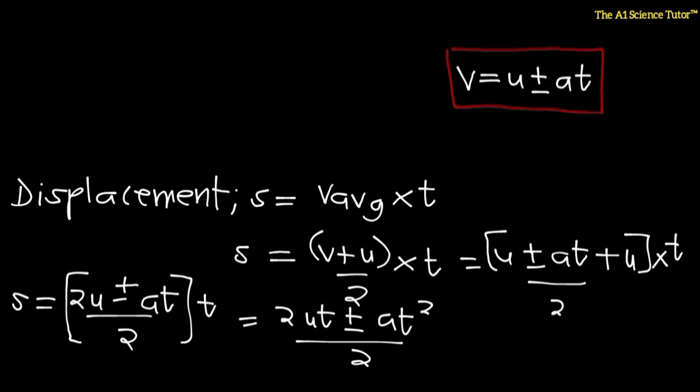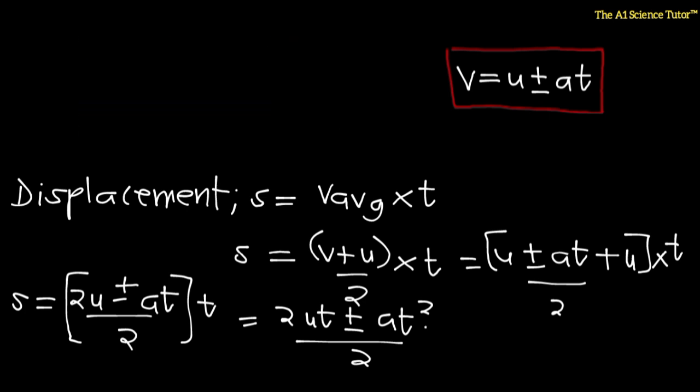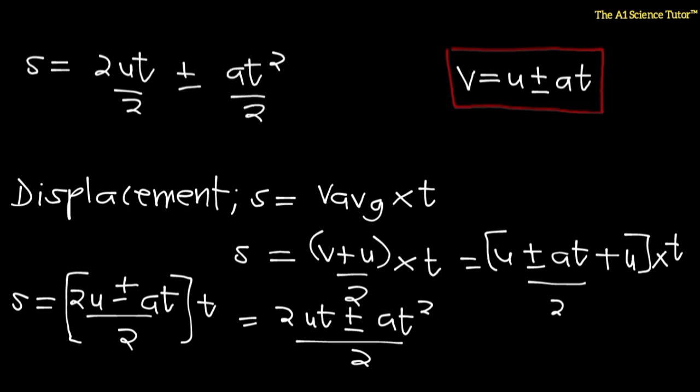Now, I know that if I have two numerators with a single denominator, I could actually split this. This could be written as A over 2 plus B over 2. So I'm going to use that principle for this process. So the next step, we should actually have 2ut over 2, and that will be plus or minus at squared over 2.